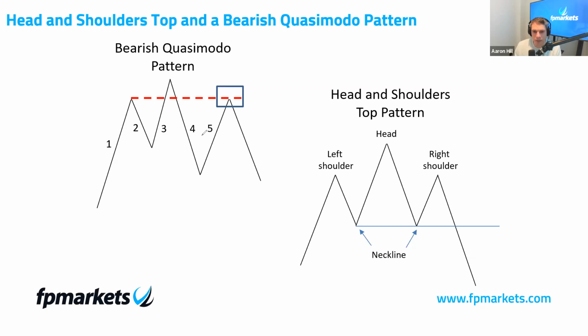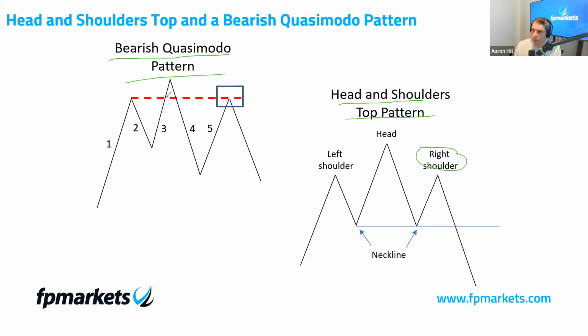I'll explain why. You're in the market a lot earlier with this formation than you are with the head and shoulders top pattern. So the right shoulder is something that the QM does not require to have a valid pattern.